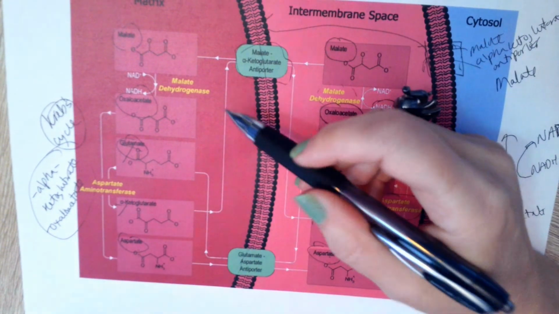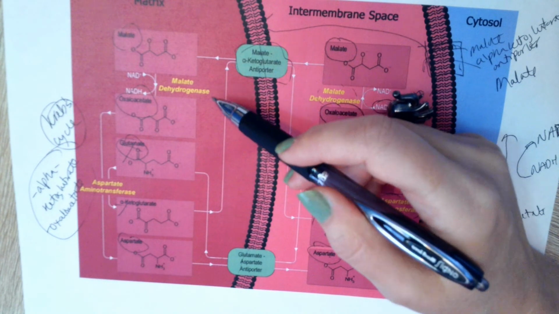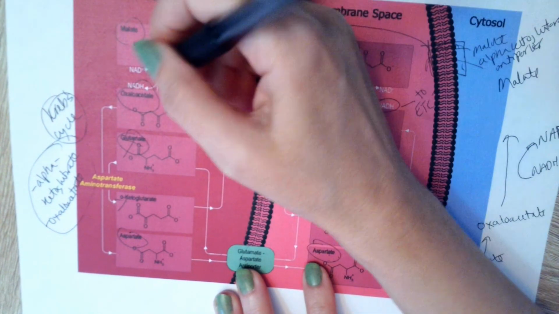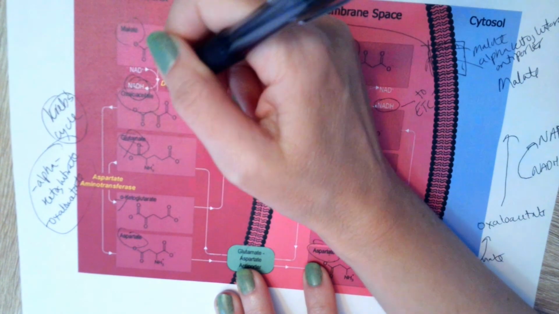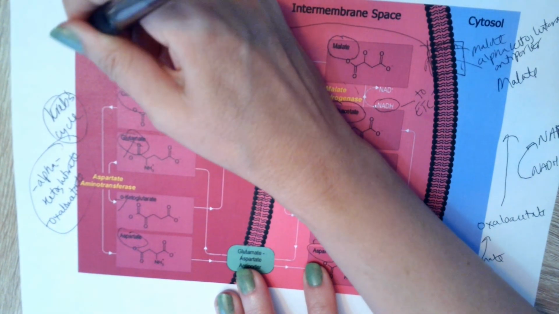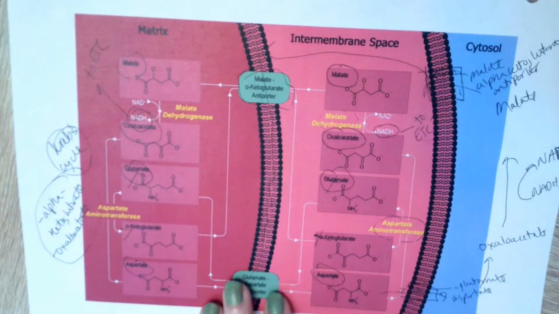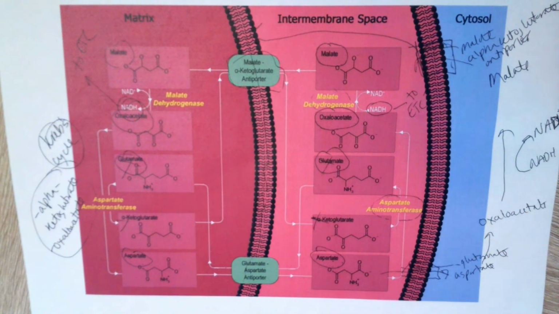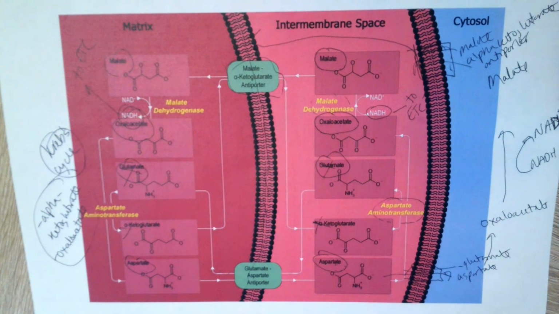Transferring the hydrogen electrons between malate and oxaloacetate and NADH, so that we can have hydrogens from NADH on the electron transport chain. Okay, so that is the malate aspartate shuttle, and that ends our video about the malate aspartate shuttle.